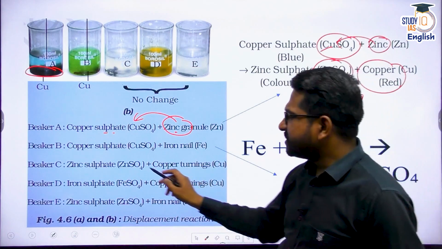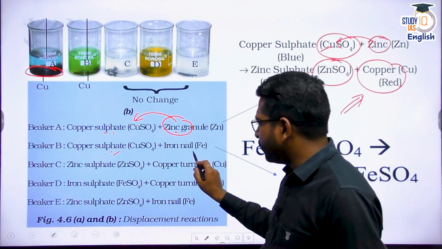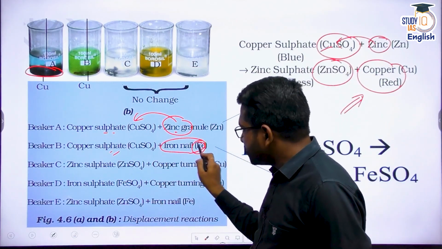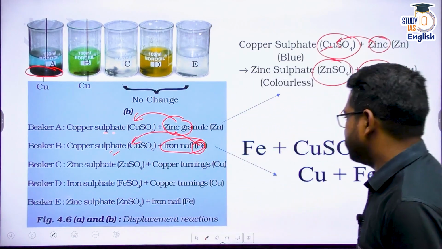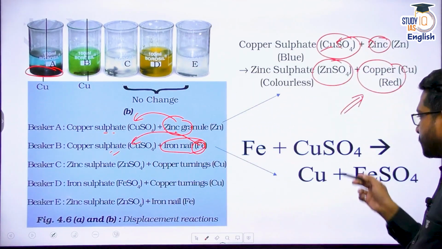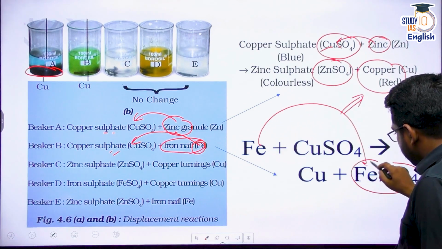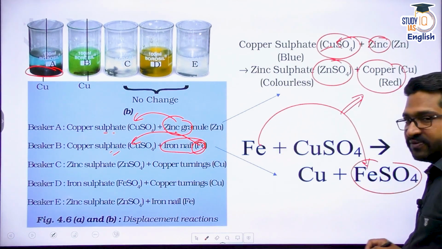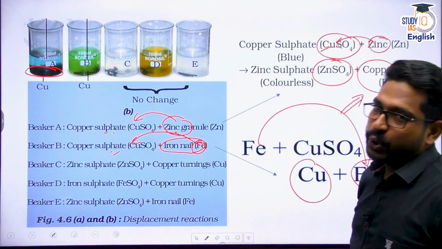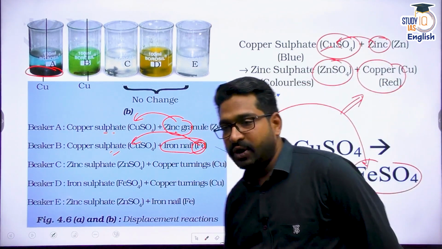The same thing happens in the copper sulfate solution if you add an iron nail. This iron is going to replace copper. You can see here when Fe and CuSO4 are added, then FeSO4 forms, that means iron replaces copper to form iron sulfate, and then there is copper. All right.